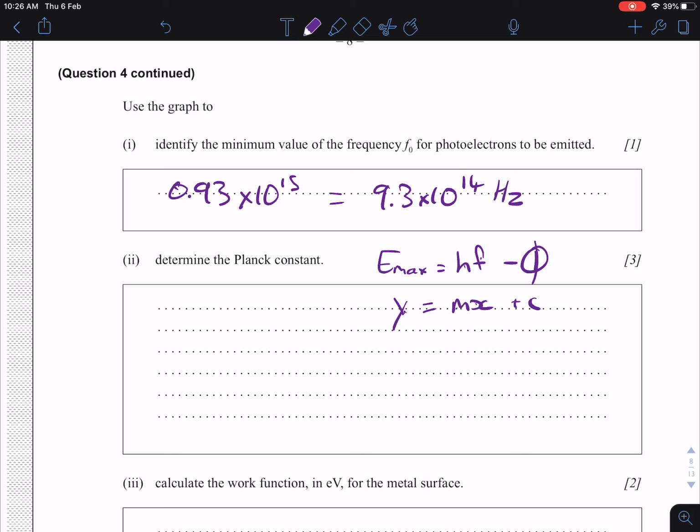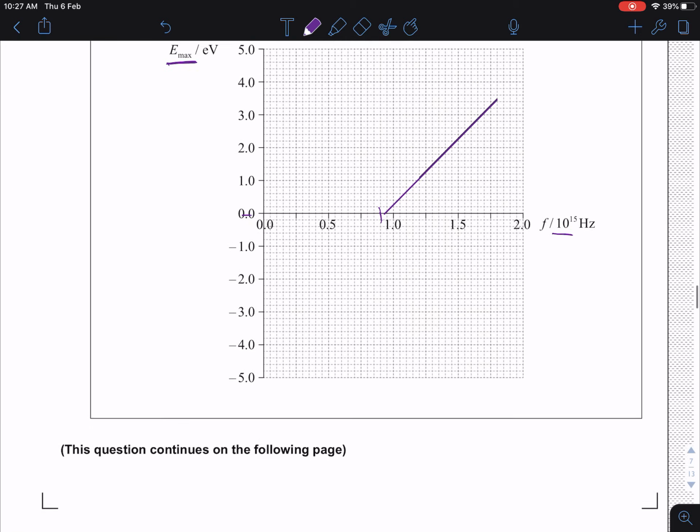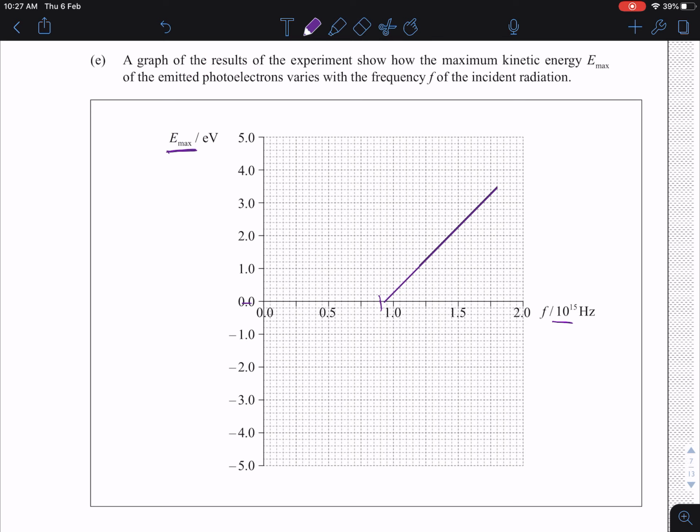So the gradient is Planck's constant, so h equals the gradient. We need to then find the gradient of the graph. If we go down from here, we get 1.8, down to whatever we just said that was, 0.93.